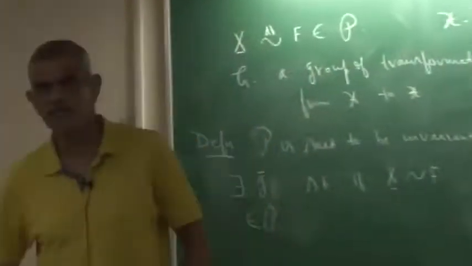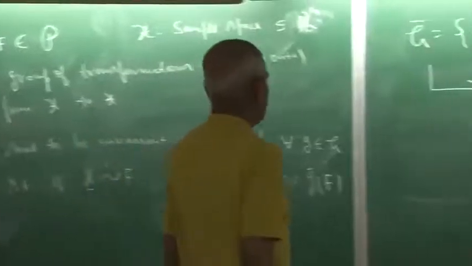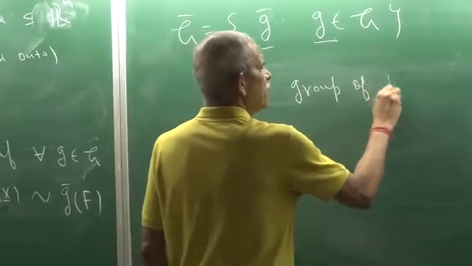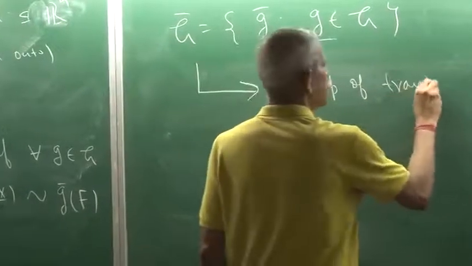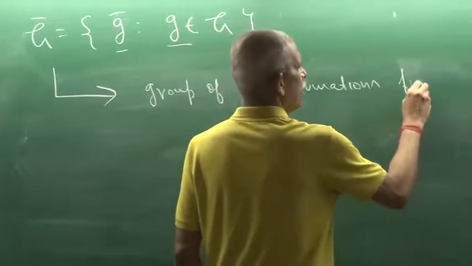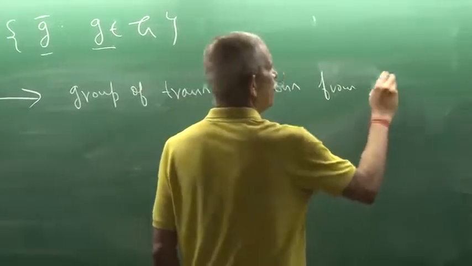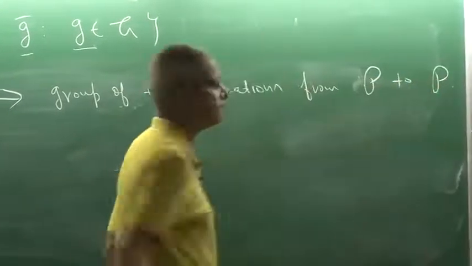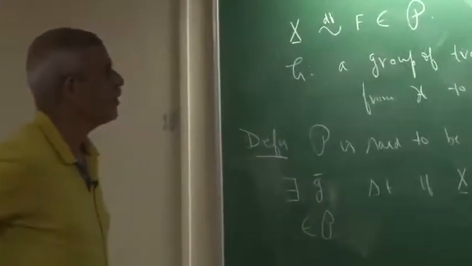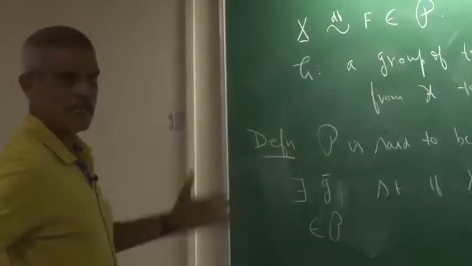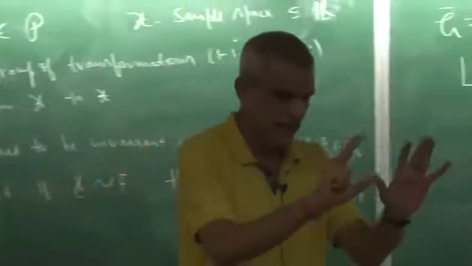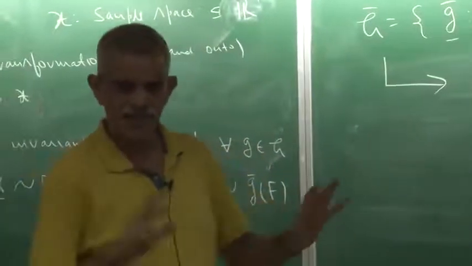What can I say about this set? One can easily prove that this itself is a group, from P to P, because g bar acts on f which is an element of P. So one can easily prove this. That means if I am applying a transformation I remain in the same P.